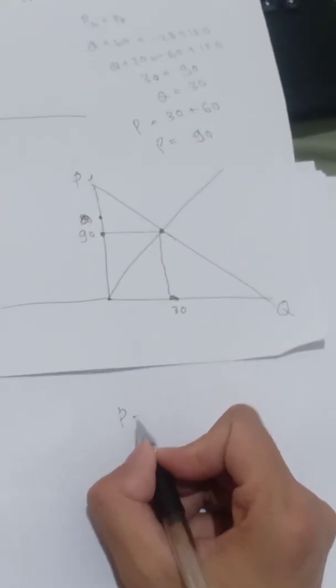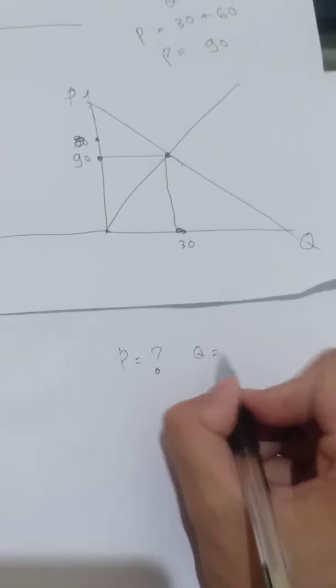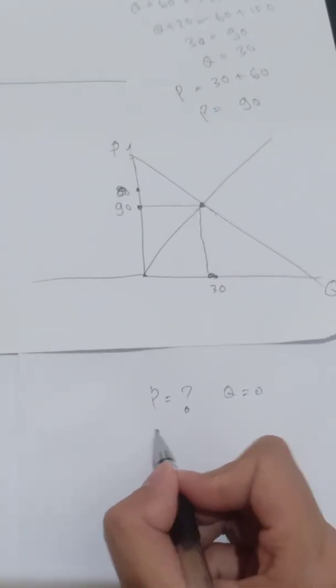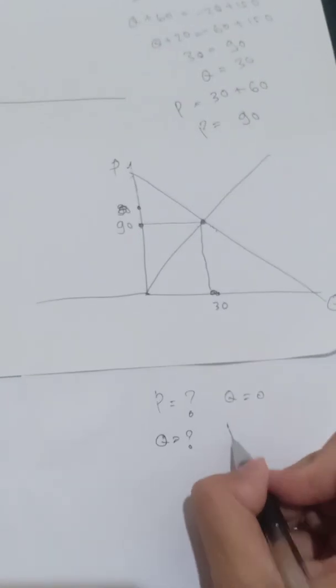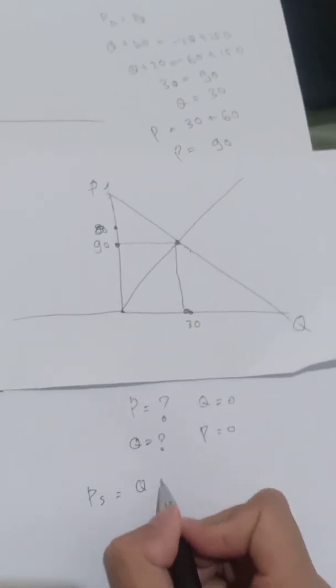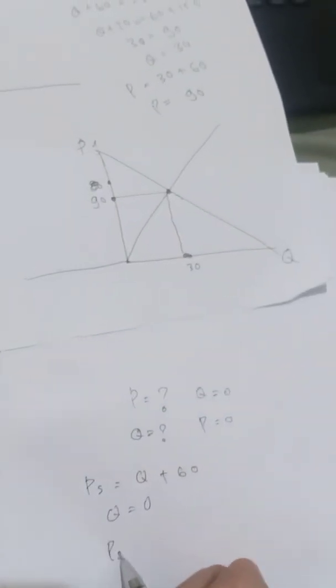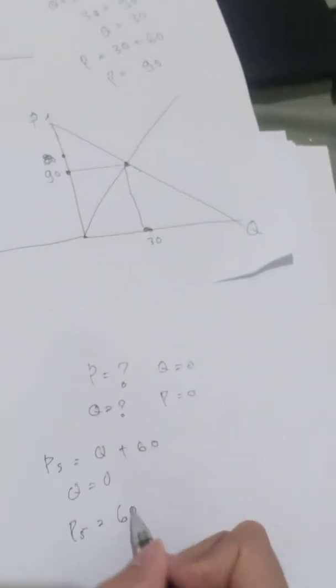Now we move to another side. We forget about the curve. What is P if Q is 0, and what is Q if P is 0? PS equals Q plus 60. If Q is 0, we find the price is 60.